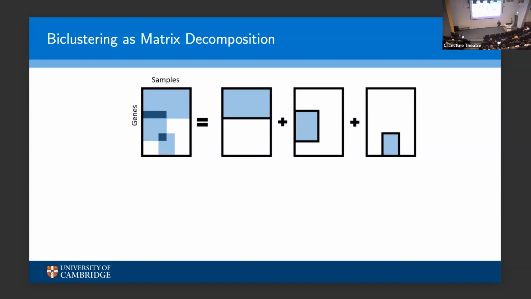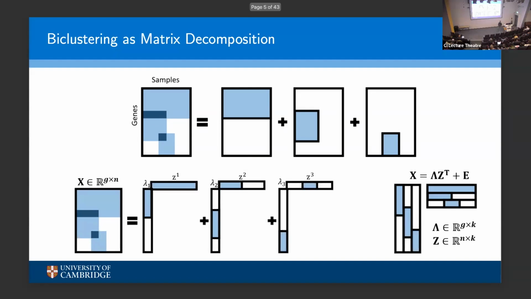And in particular, among the many approaches, what we chose is the matrix factorization approach, in which the gene expression data can be computed as a matrix multiplication of lambda times z. Lambda is the contribution to the gene expression data from genes, and z the contribution from samples. So we want to recover this structure, we just perform this matrix multiplication.